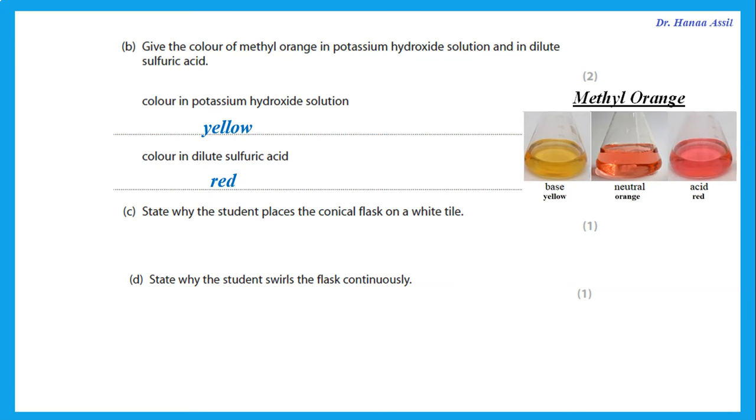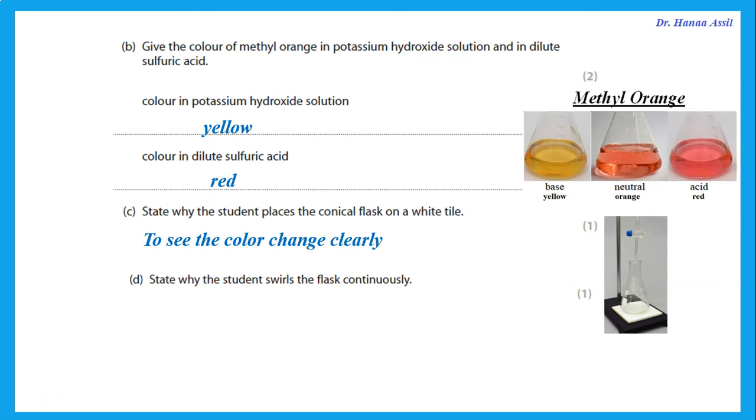State why the student places the conical flask on a white tile. We said when we're doing titration, we should have the flask on a white tile. Of course, this is to see the color change clearly. State why the student swirls the flask continuously. Of course, we swirl the flask to mix the contents, and that helps to speed up the reaction.